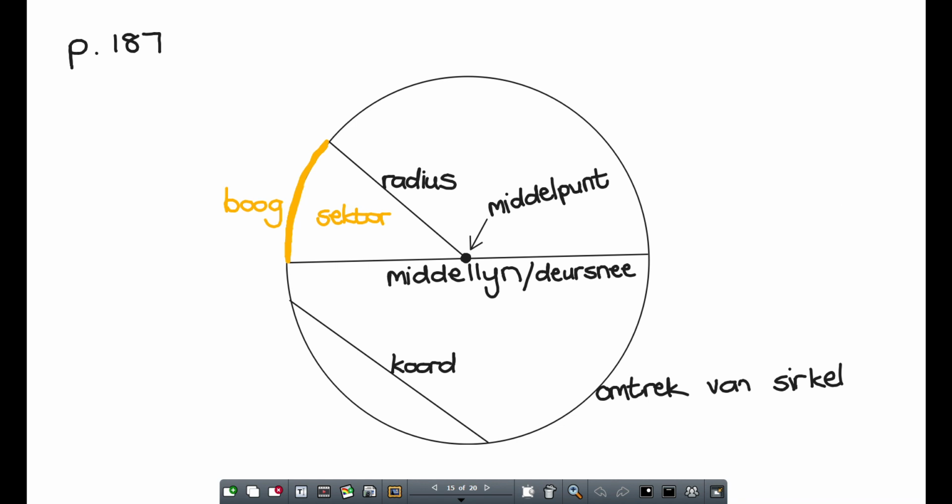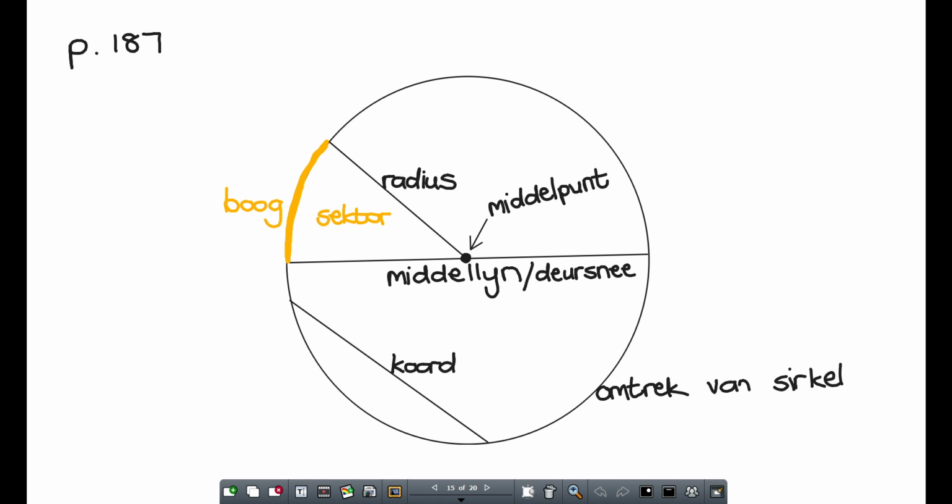Page 187, also on the board, right at the top left-hand side. You can draw it from your book, and I'll leave it on the board. So please, just for now, look up and focus on what's going on over there, because you've got everything in front of you, and it's only this one slide, and then you get homework.